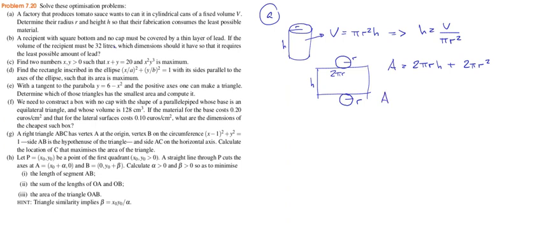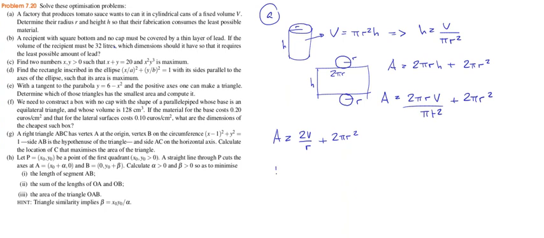So now our function A is 2 pi r times v divided by pi r squared plus 2 pi r squared, or in other words, A is 2v divided by r plus 2 pi r squared, if I haven't made a mistake. And now this is the function that we need to minimize in this case.